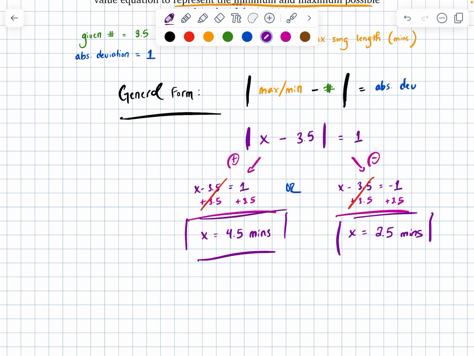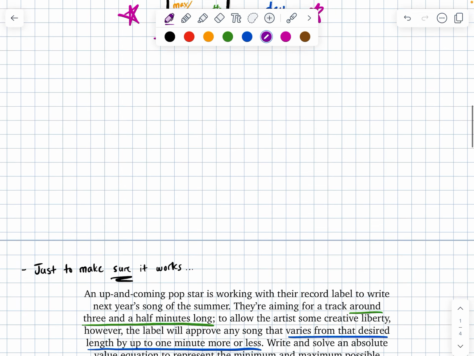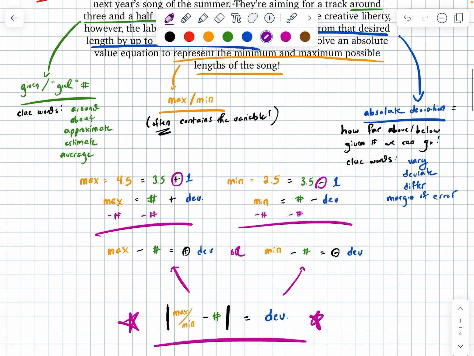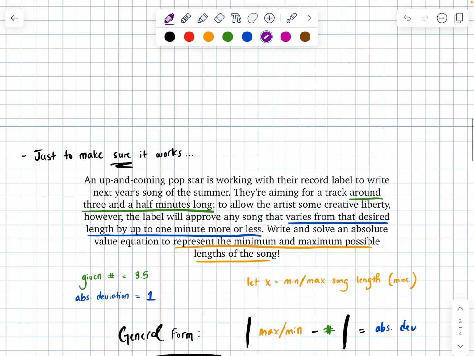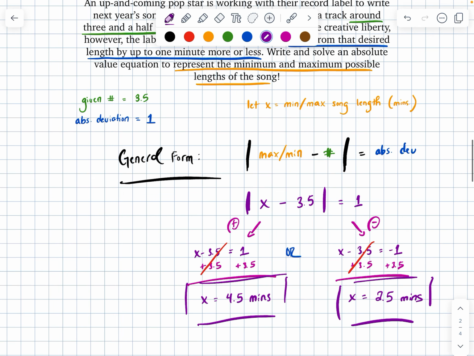And if you look back at your notes, hopefully you see that this 4.5 and this 2.5 are exactly the same numbers that we found by trial and error up above. So we've just confirmed that this general form does indeed work.